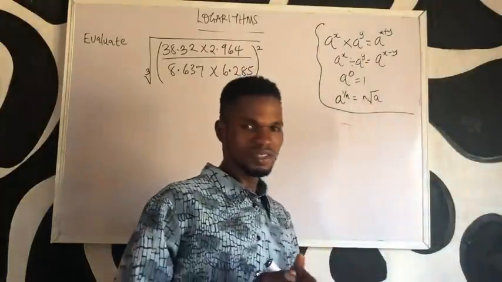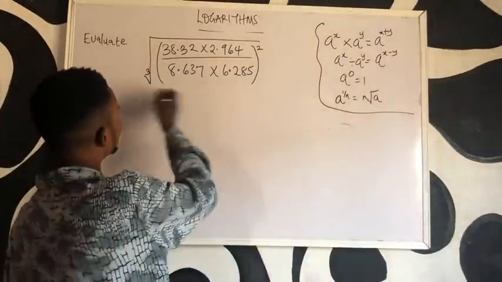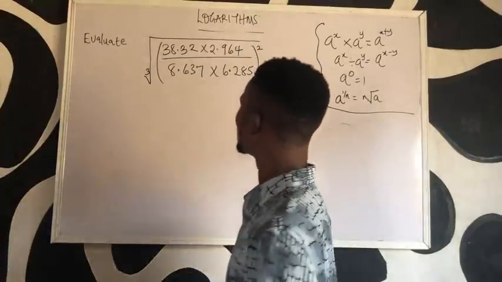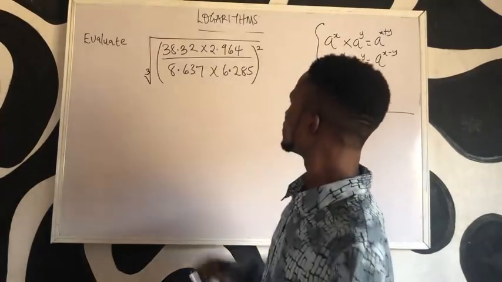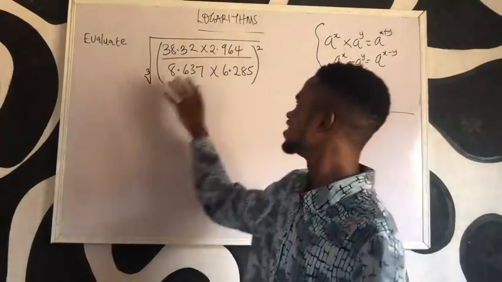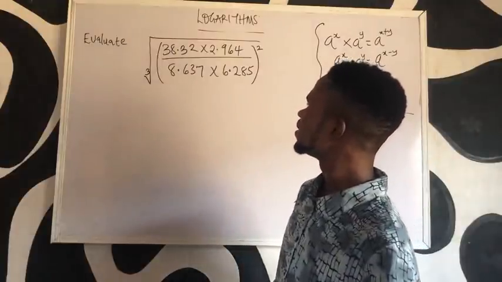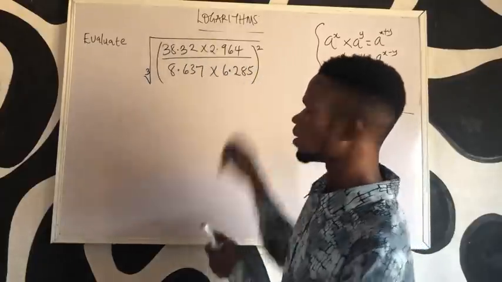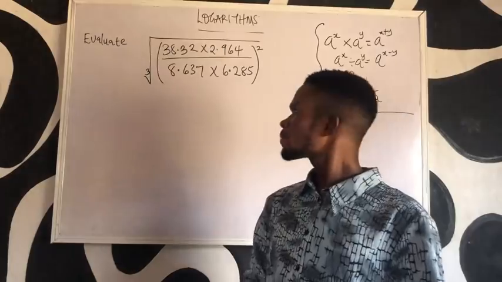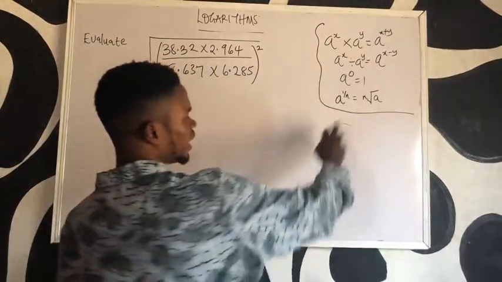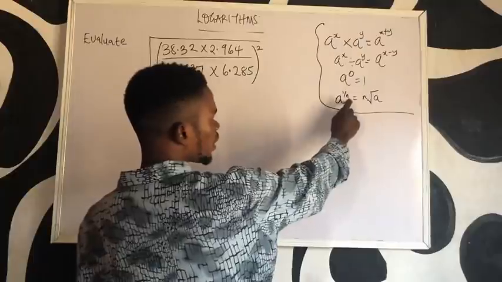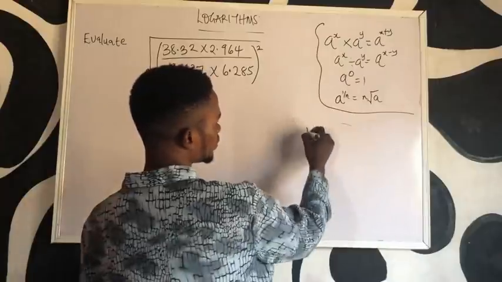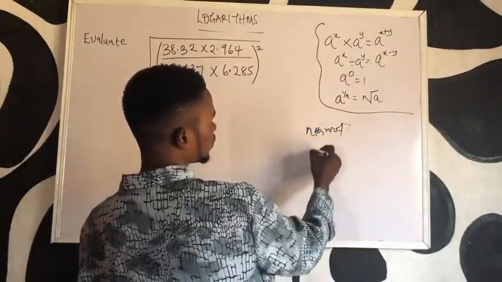Now, this looks complex, but okay, let's see, maybe we can evaluate this. Maybe we can decompose this complex value. Now I want you to remember the nth root of indices. The nth root of a is a raised to the power 1 over n.